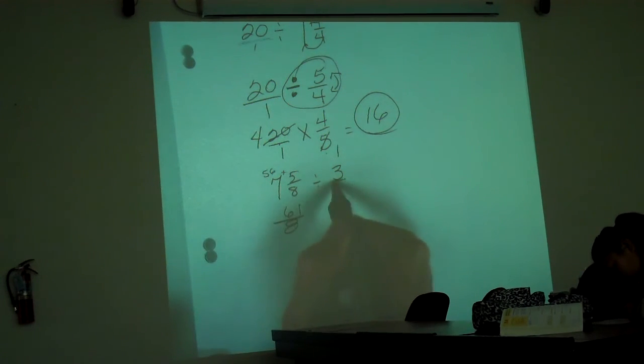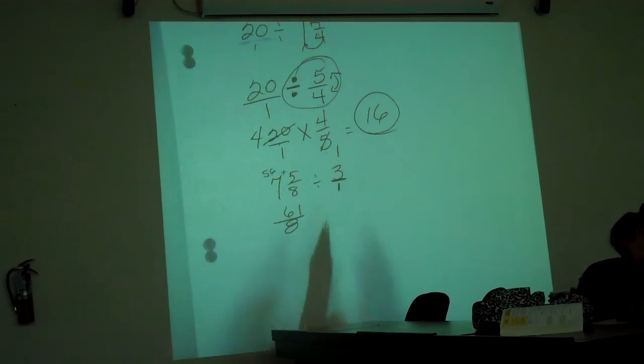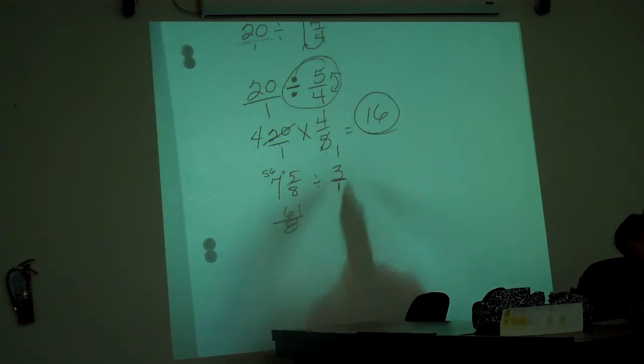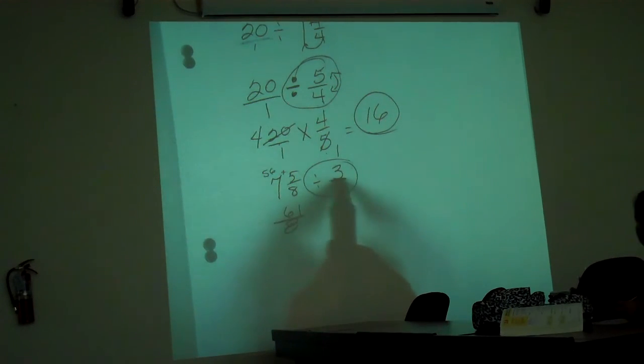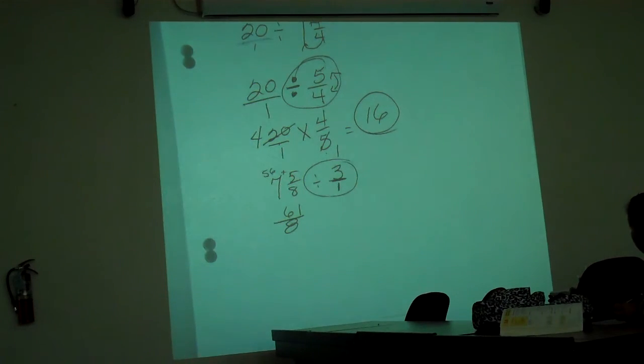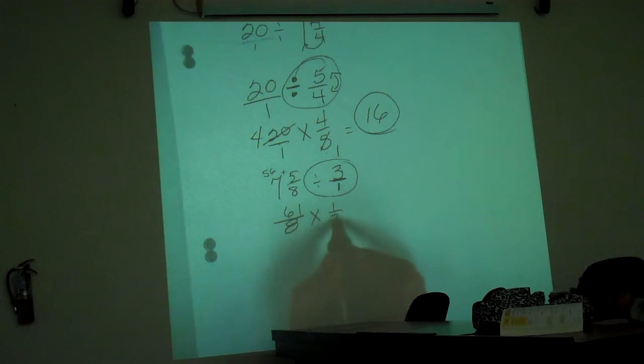Okay, go ahead and put the 1 under the 3 on your original part, on the problem. And now we're going to flip it. See, 3 is the same as 3 over 1. So multiply, flip it over is 1/3. You're multiplying by the reciprocal.